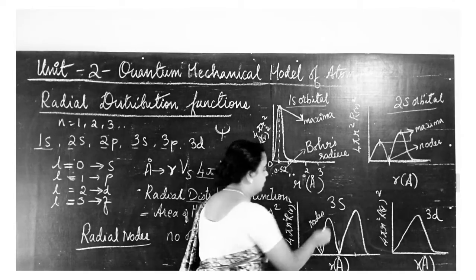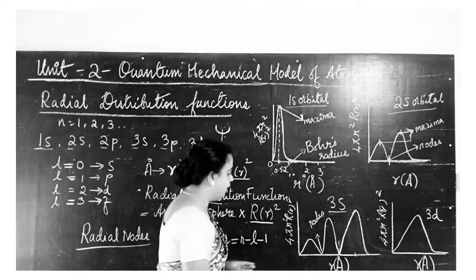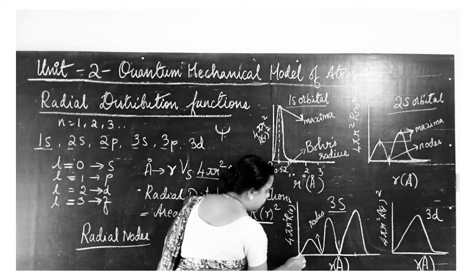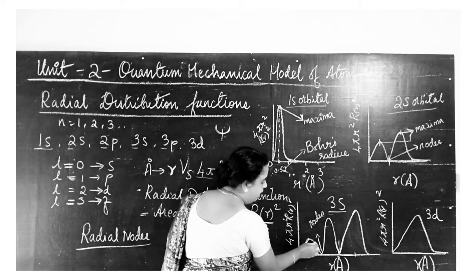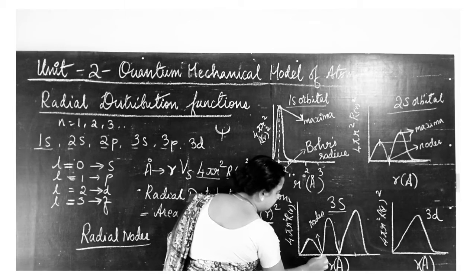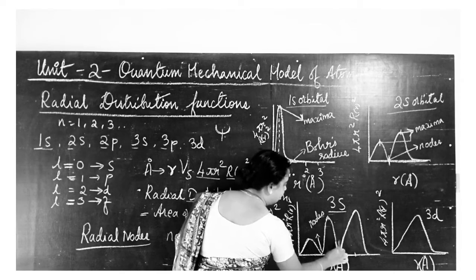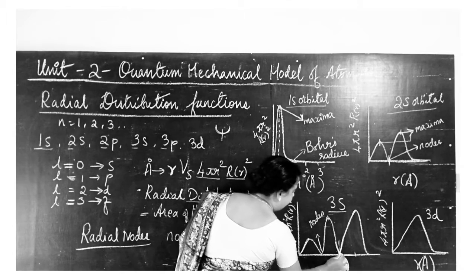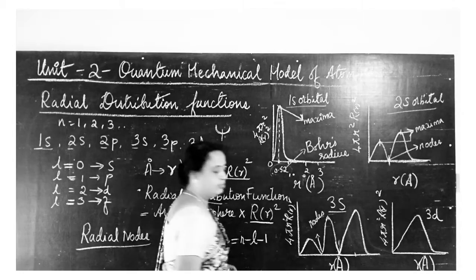Now let us look at the 3s orbital. How is the curve going? From 0 it starts, goes up to a small maxima, then comes down to the x-axis, then goes up to another maxima, comes down, and then goes up to another maxima and comes down.